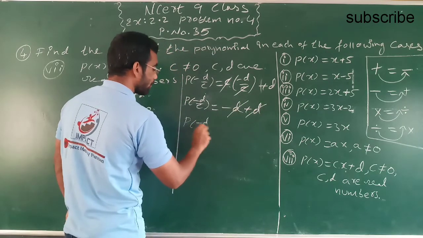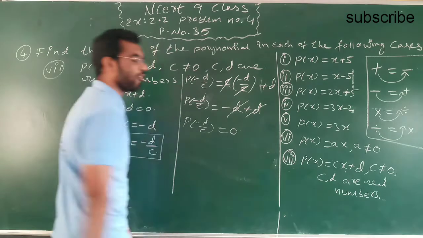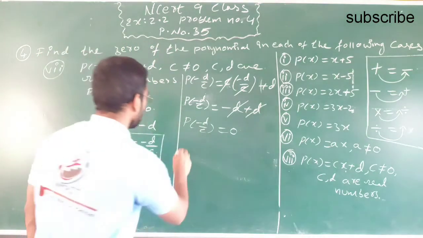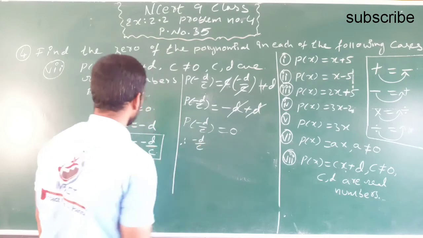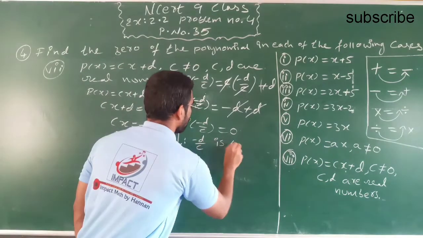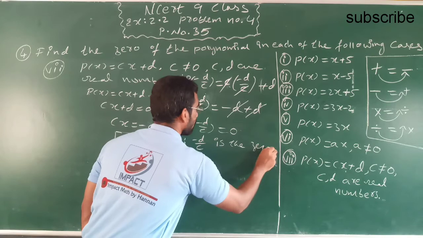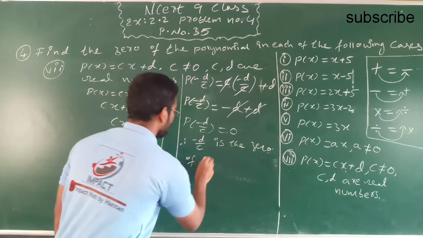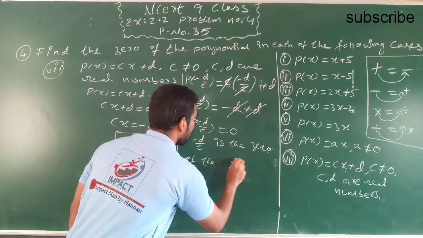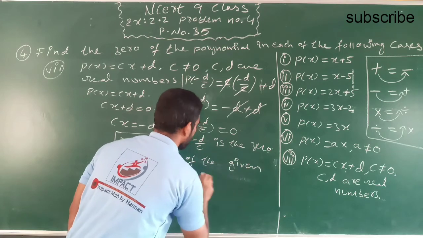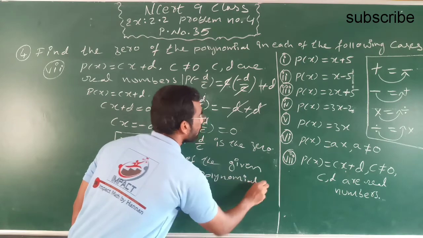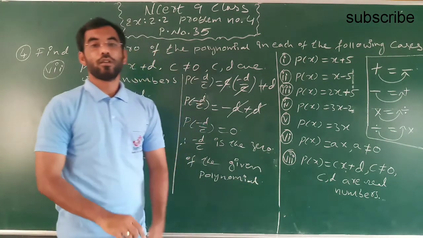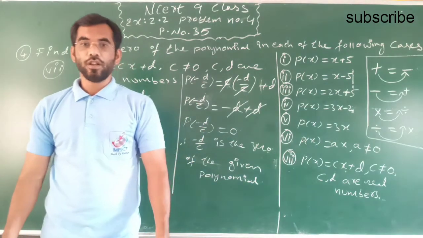P of minus D by C is equal to 0. Therefore, minus D by C is the zero of the given polynomial.